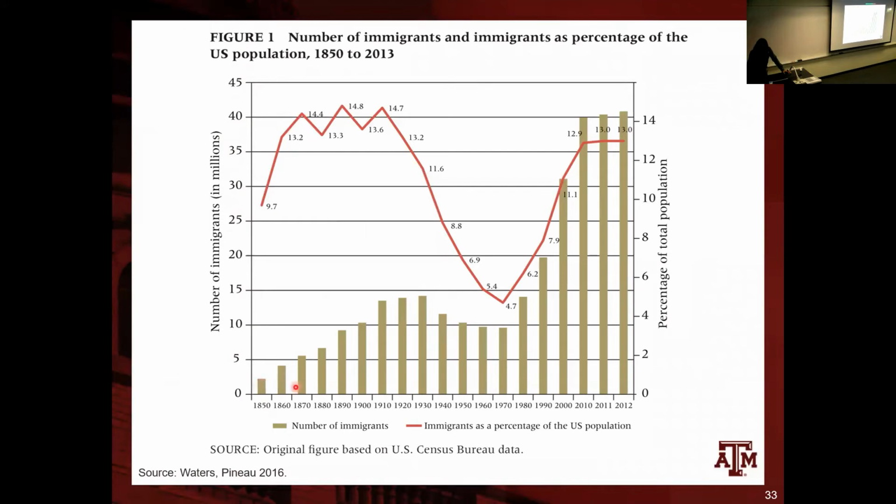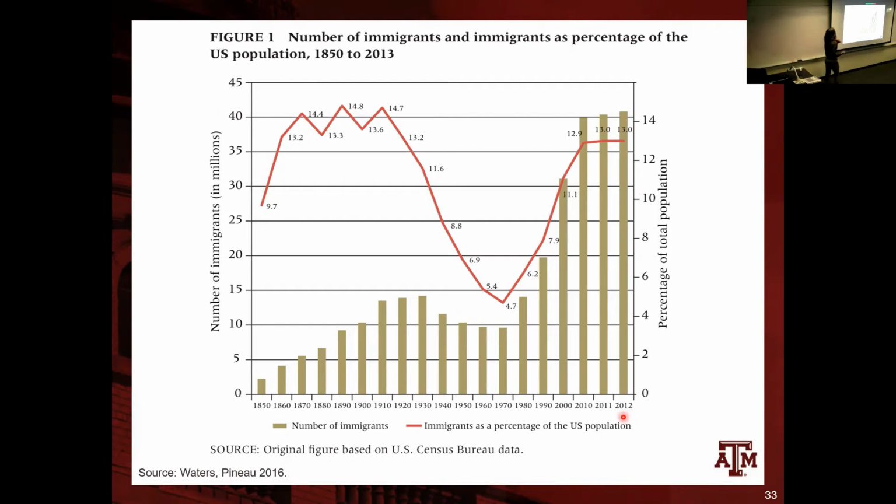So you see from 1850 to 2012, the overall number of immigrants entering the country declined a little bit in the 40s and 50s, related to World War II, but then it started to increase again. And now you have around 40 million people in the US not born in the US. But this data goes only up to 2012.